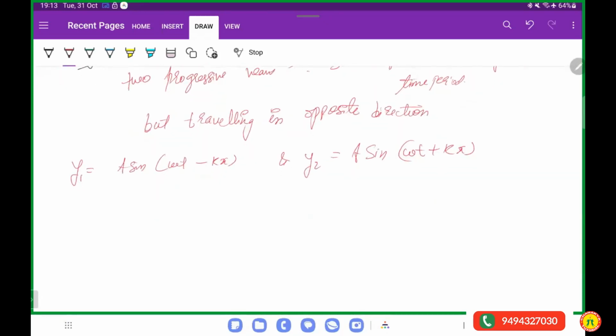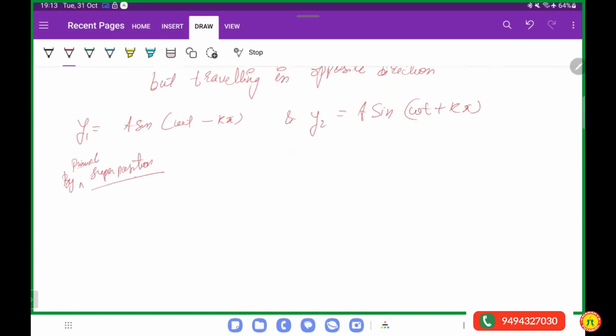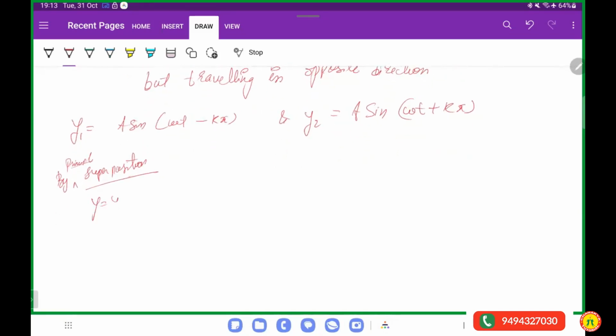So if we superimpose, by superposition, y equals y1 plus y2.